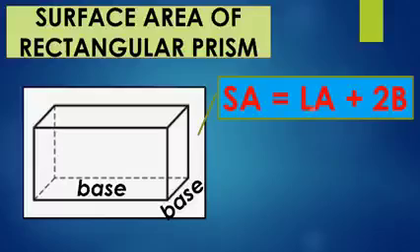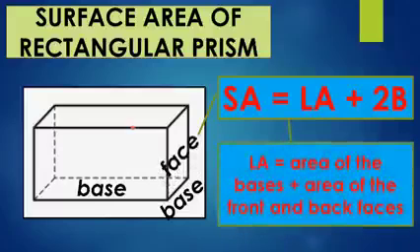The lateral area is the sum of the areas of its lateral faces. So to find the lateral area, that is simply finding the sum of the area of the side faces and the area of the front and back faces.